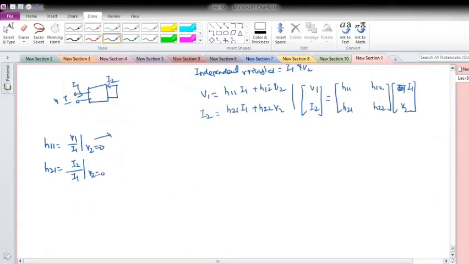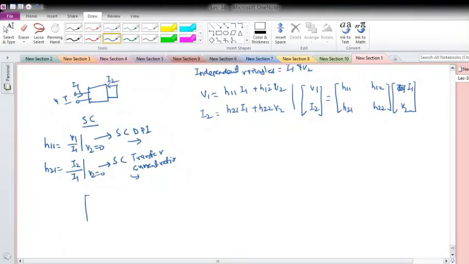So what is H11? This is your short circuit driving point impedance, is it not? And this will be the short circuit transfer current ratio. This is dimensionless, right? H11 has the dimension of impedance, this is dimensionless. So these will be short circuit parameters.